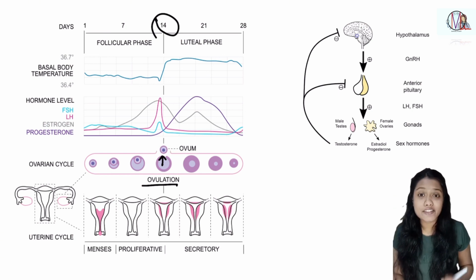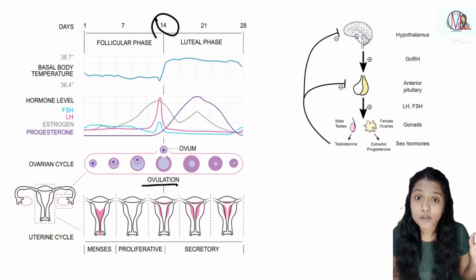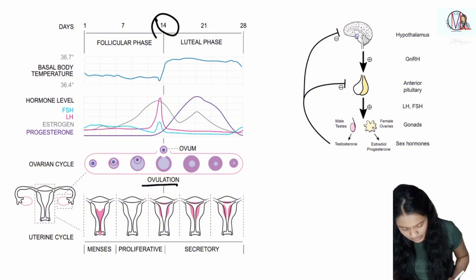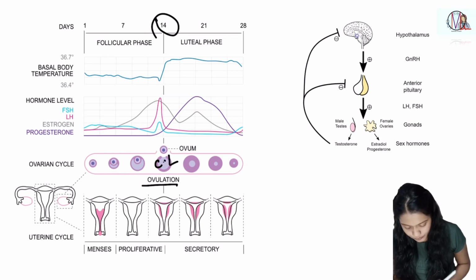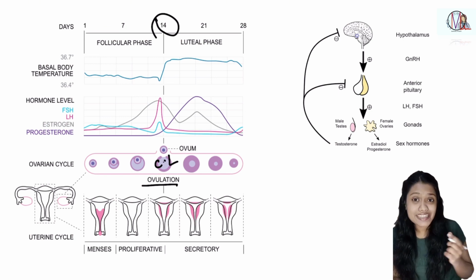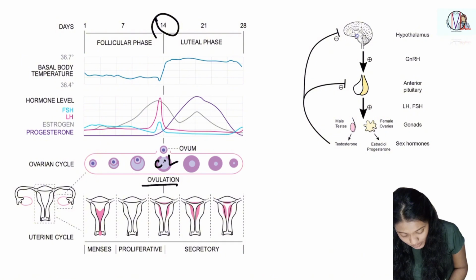Graafian follicle will now develop into corpus luteum. Here, this is the corpus luteum, the remaining follicle, and this corpus luteum will release progesterone.